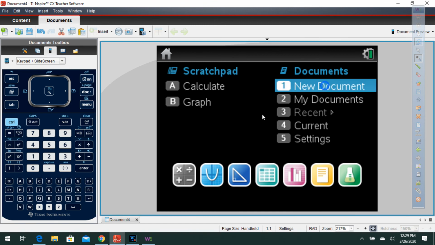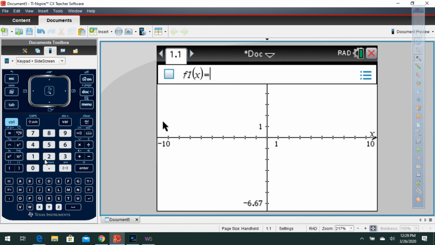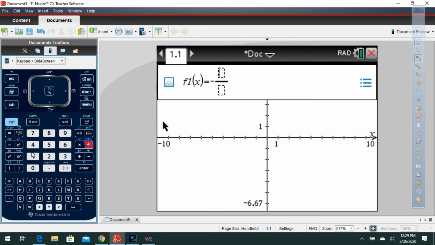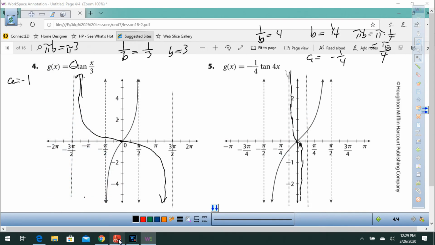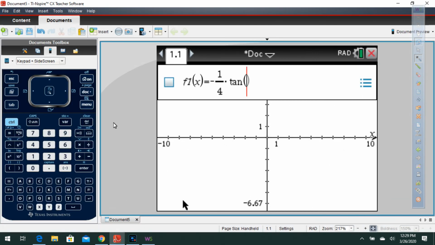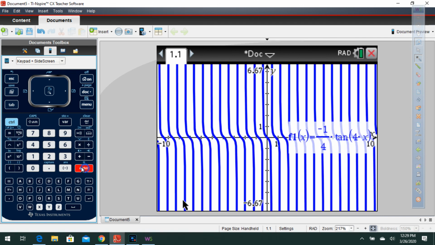On, new document, no, graphs, and we got negative 1/4 times tangent, that was 4x, wasn't it? 4x. Whoa, I told you.